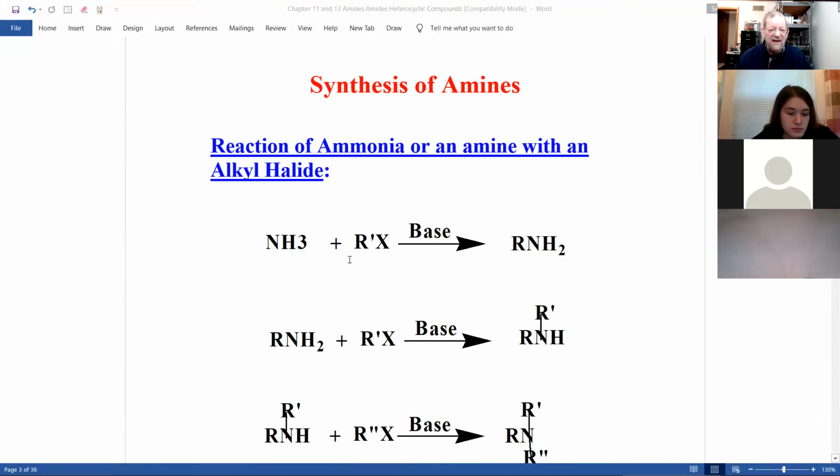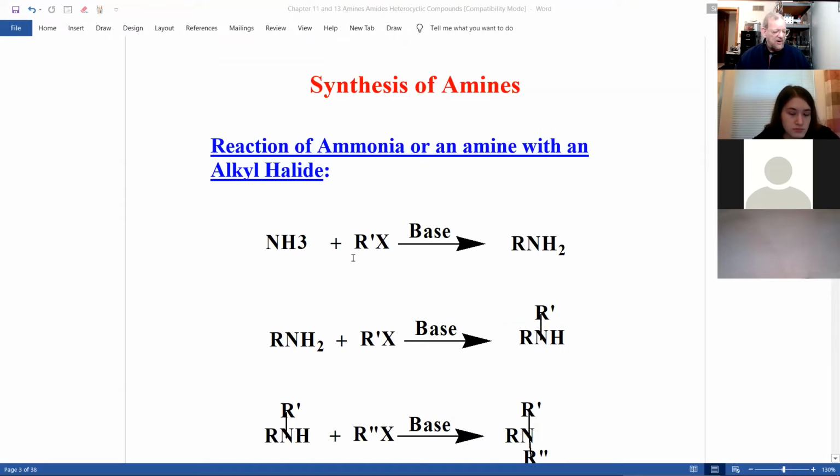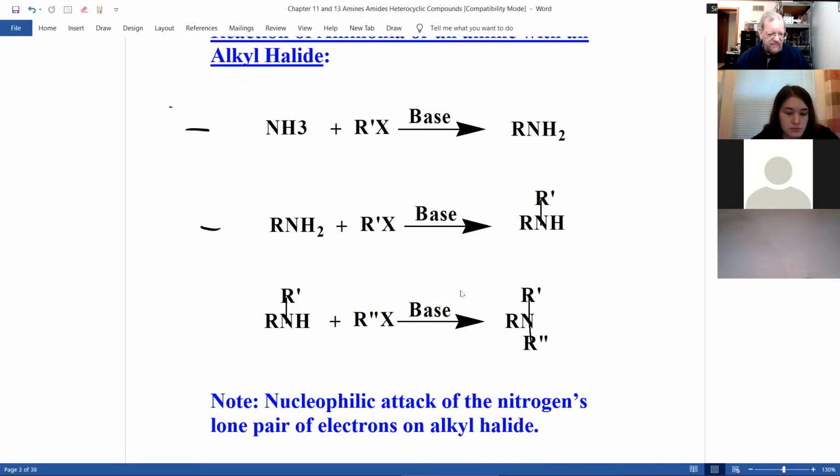Now, how do you make amines? This is a busy slide, and I'm going to go through each one of these steps one by one, how you make primary amines, secondary amines, and tertiary amines.